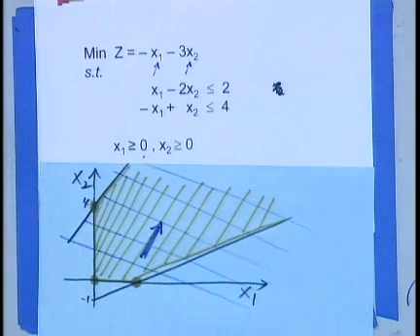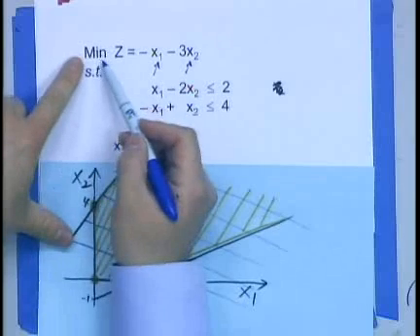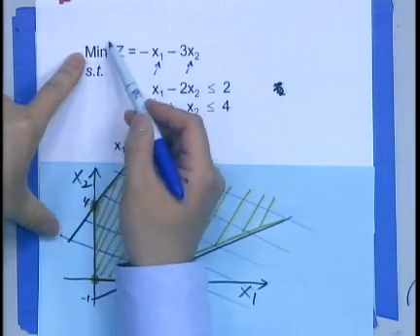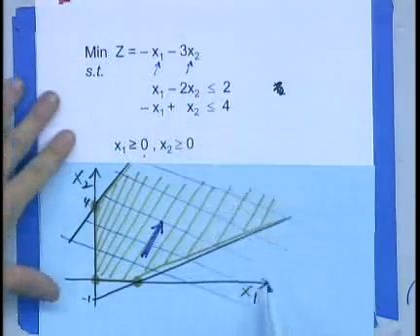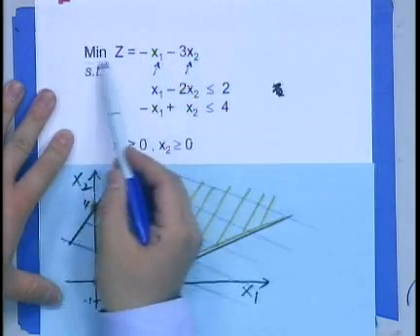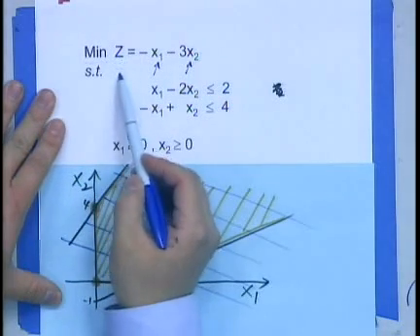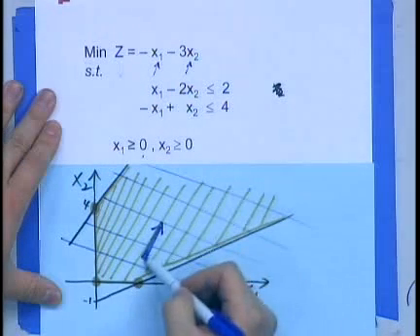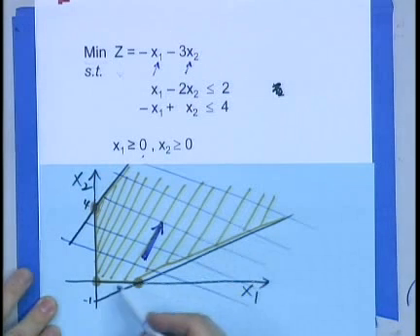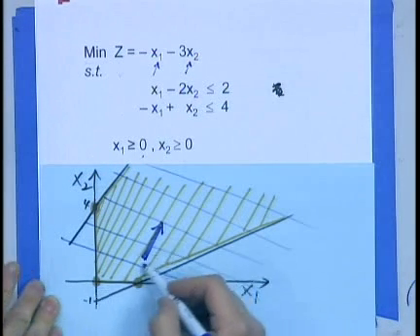Because we are dealing with a minimization problem, improved means the objective function value will be decreased, right? So if we increase both x1 and x2, then our objective function value will be decreased, which is improved. So the objective function will continue to improve the further away from the origin, right, into the unbounded region.